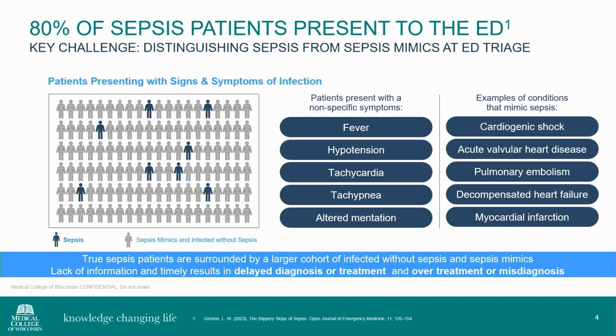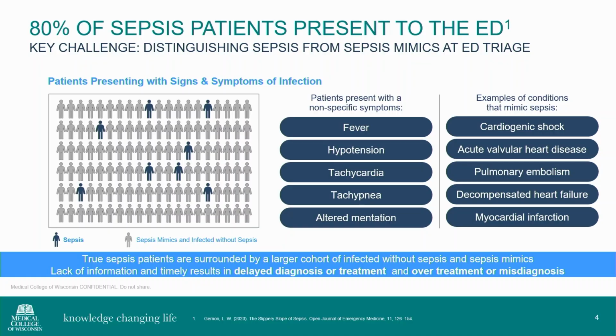But before we get into those trials, one of the key questions is, take the perspective of the emergency room. 80% of sepsis patients will present to the emergency room. And one of the biggest challenges that we see with sepsis patients is identifying who is the sepsis patient out of the sea of the other patients that are waiting in the waiting room.